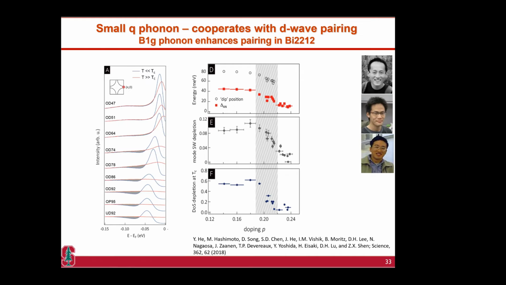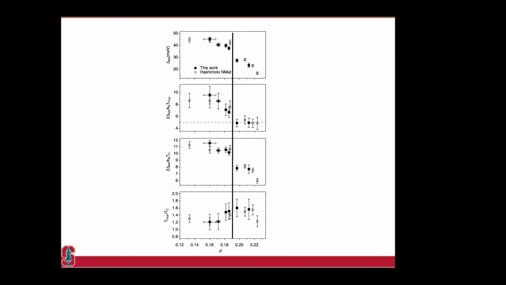So now let's take this data and go a little bit further, with a more stringent look. If you plot just the superconducting gap across this, it shows this behavior. Again, you can see almost a factor of 4 change. And if you plot this quantity divided by TC, it also shows this behavior.